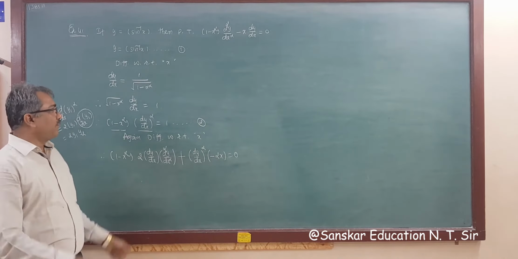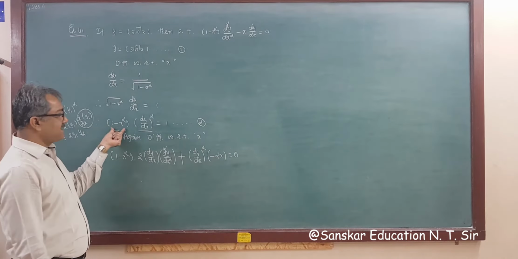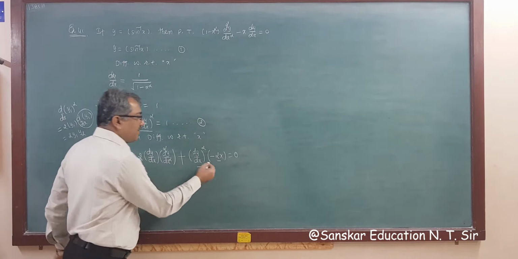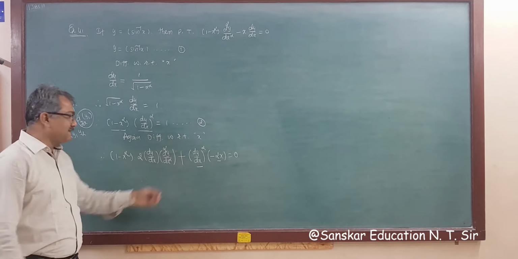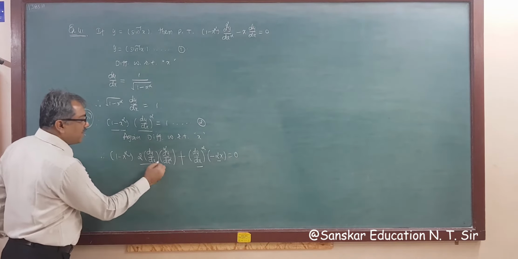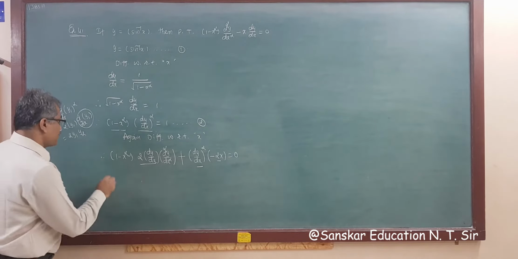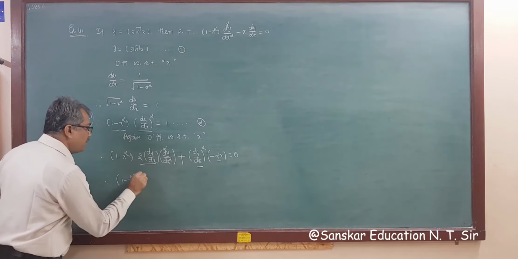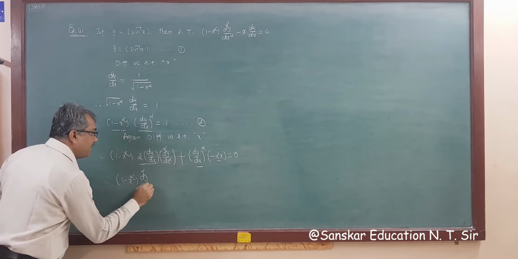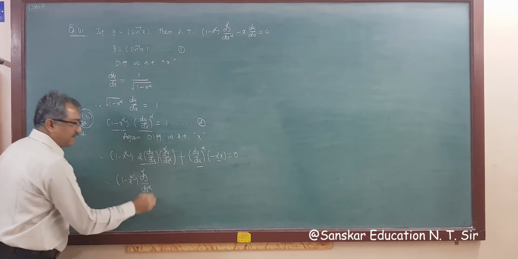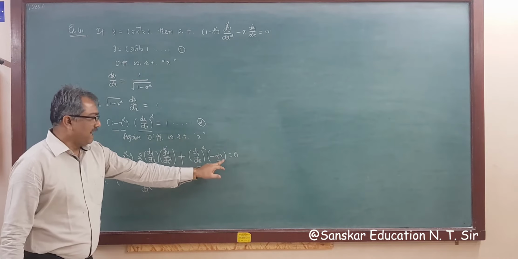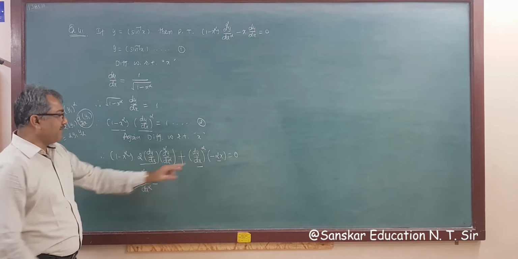And as you know, while we are squaring both sides, there is a term 2y1, that is dy by dx, common from this. So taking 2y1 dy by dx common, what is remaining? (1 minus x square) into d square y by dx square, right? Minus 2 is common, x remaining, and 1 dy by dx.